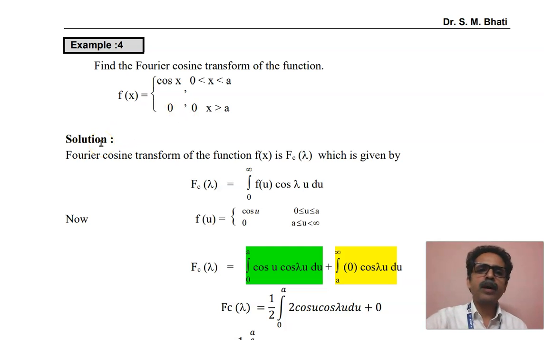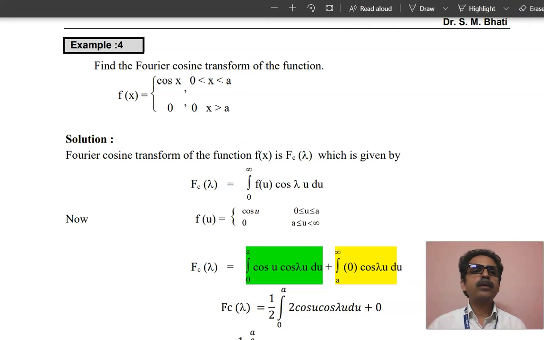Okay, fine. I will do it, don't worry. Now you can see that I have corrected this 0, and now here we have to split this integration in two parts. Here we have an integration from 0 to infinity, but if you look at the intervals here, 0 to a, then a to infinity, so we split the integration in two parts, 0 to a and second is a to infinity.